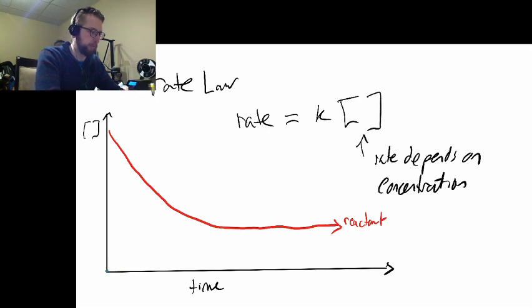At first, there's going to be very little product, and then there'll start to be more and more product. So we're starting with no product, and we're having an increase in product.